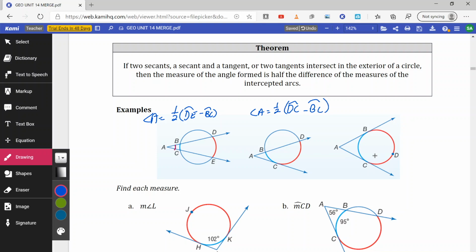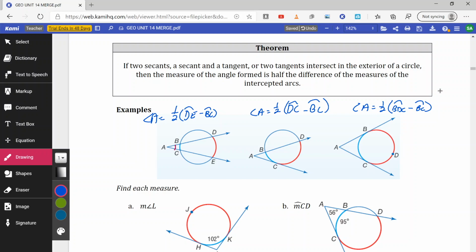And last but not least, let's say we have this one, again, angle A is going to be half of arc BDC minus arc BC. So again, if it's on the outside of the circle, we're going to be subtracting.